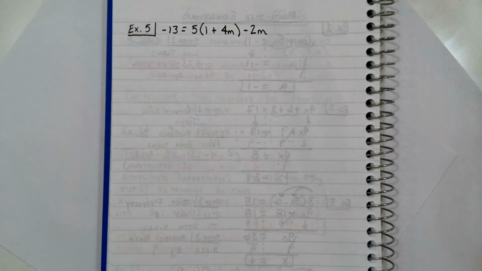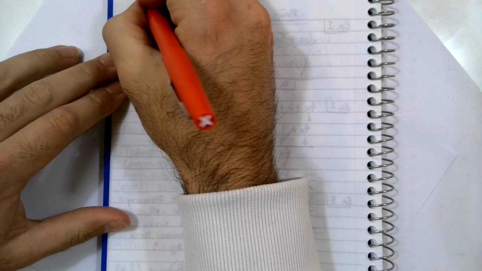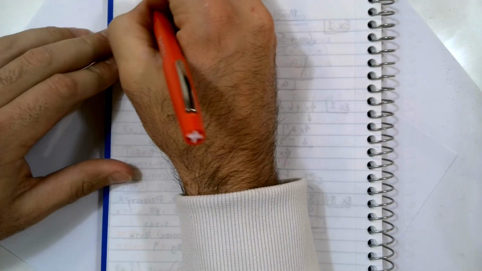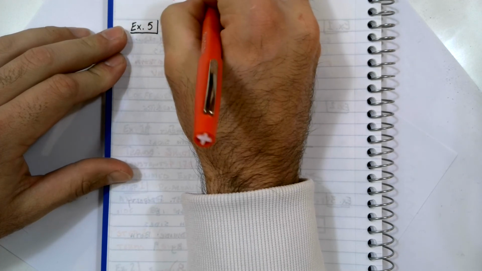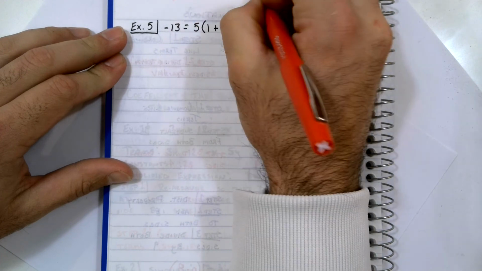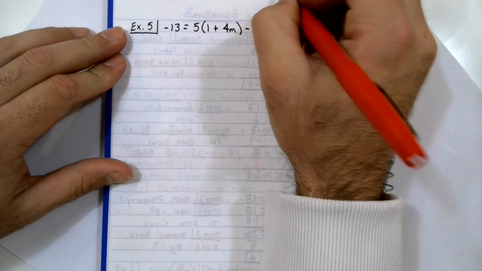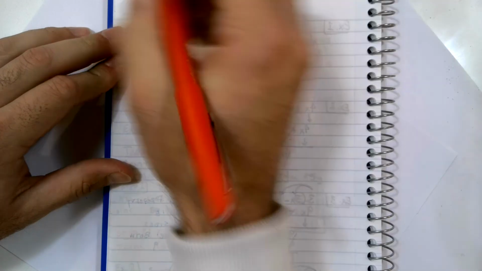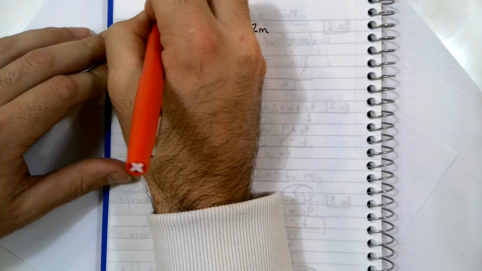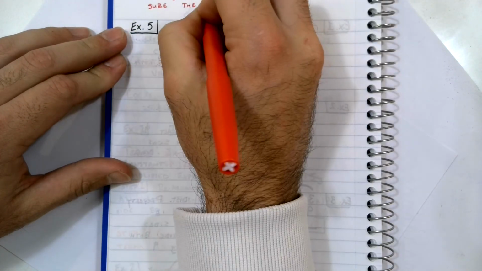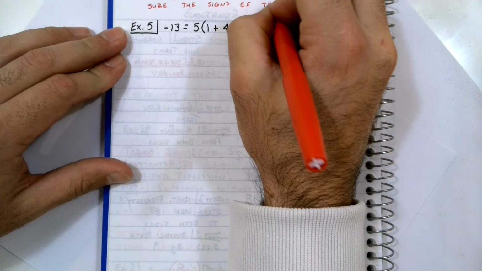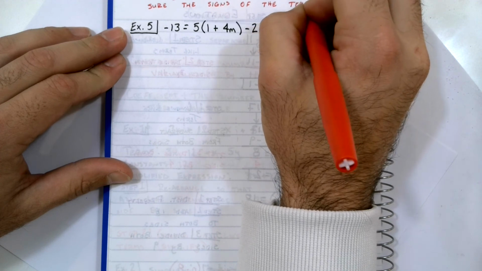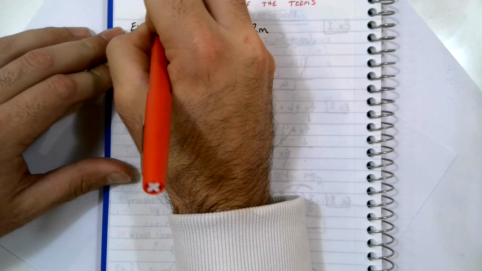We can flip this equation. All right? So I'm going to write you a little note up here. If you flip the equation, be sure the signs of the terms are the same.